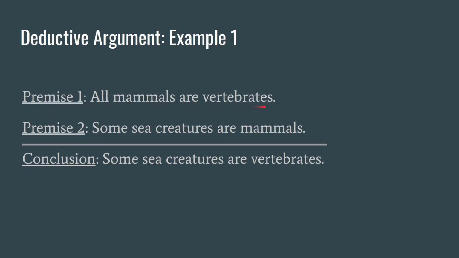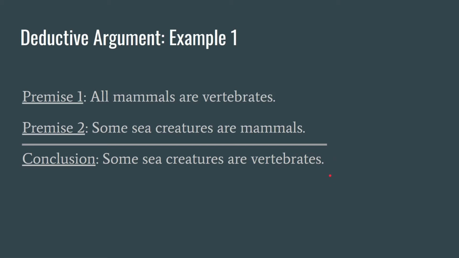All mammals are vertebrates. Some sea creatures are mammals, for example, whales. Therefore, some sea creatures are vertebrates. What you want to see in this argument is that if these premises are true, the conclusion is guaranteed to be true. There's no way that the premises could be true and lead you to a false conclusion.